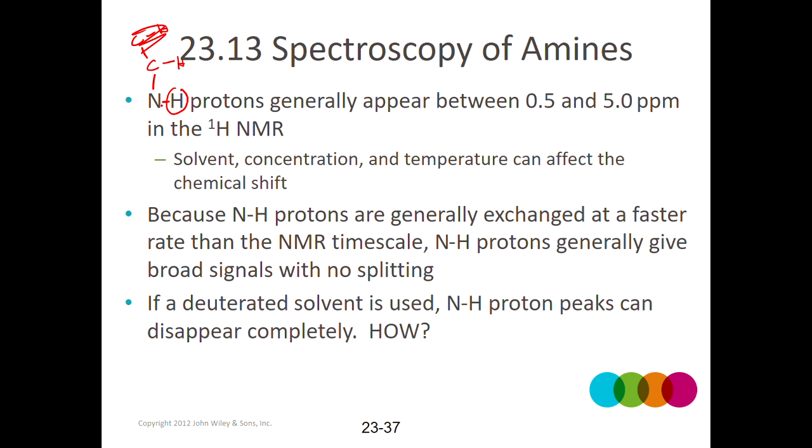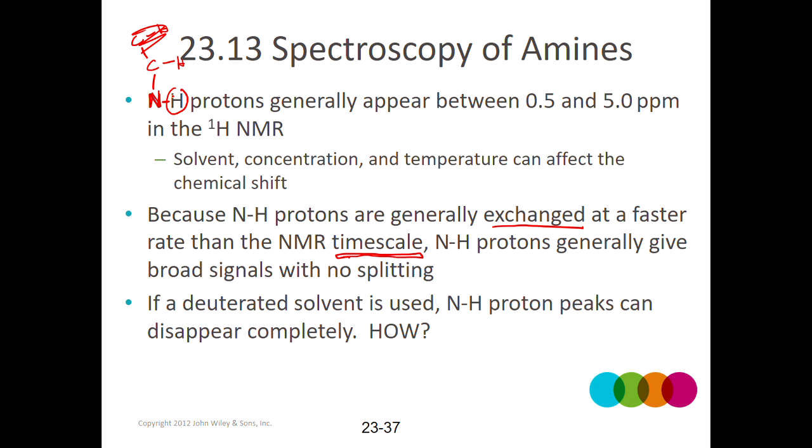So one thing about protons and their signals, when they're directly attached to a nitrogen, they're exchangeable. They're generally going to be exchanged with a solvent or trace amounts of acid or base, and the rate of proton transfer is very fast. It happens on a very fast time scale, faster than the NMR machine can get the data.